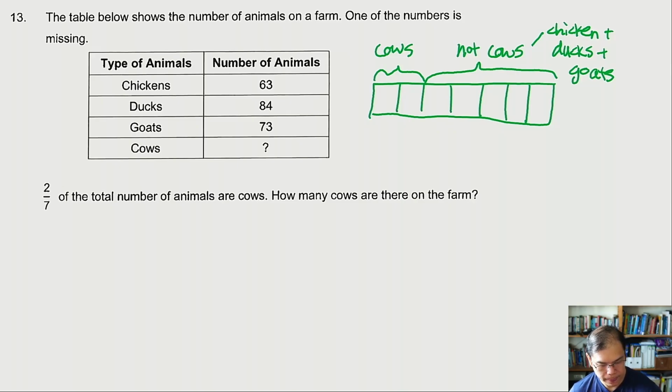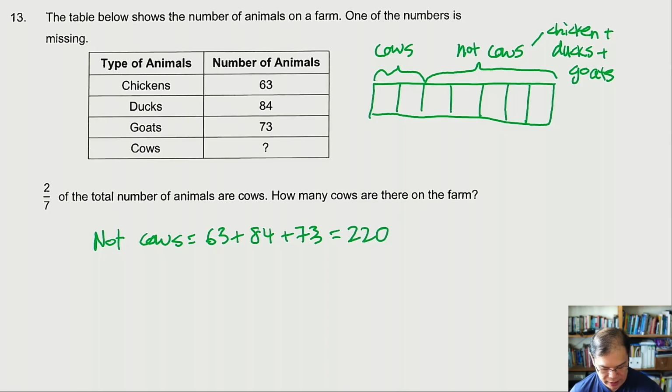So how many chickens, ducks, and goats are there altogether, or how many animals that are not cows? So 63 plus 84 plus 73. I have a total of 220 animals that are not cows.